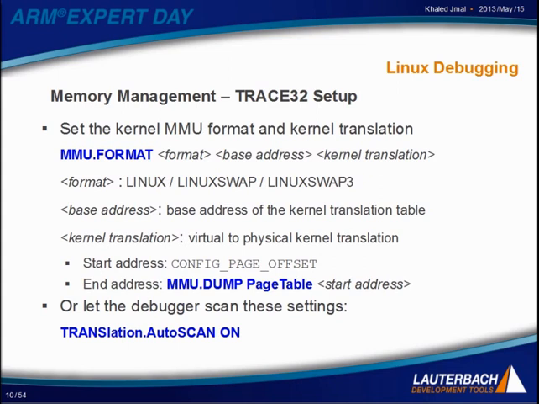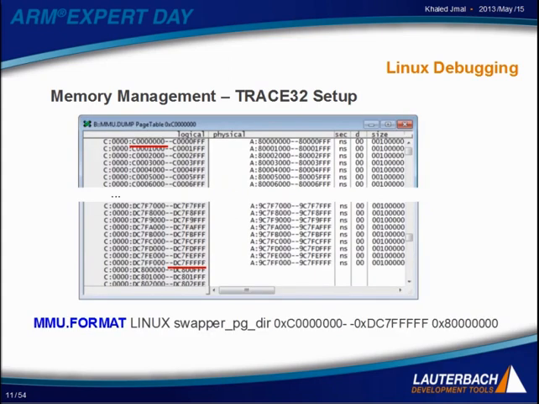Then to get the physical address and the range, you can open a window in the debugger, so you can dump the hardware page table starting from the virtual start address of the kernel, and then you will get here the physical start address, which is, for example, 8 and 7 zeros.